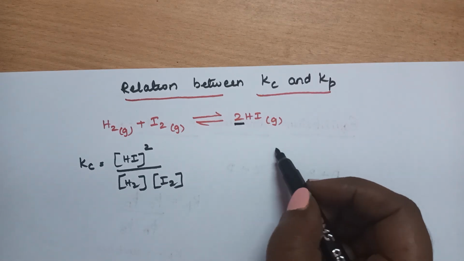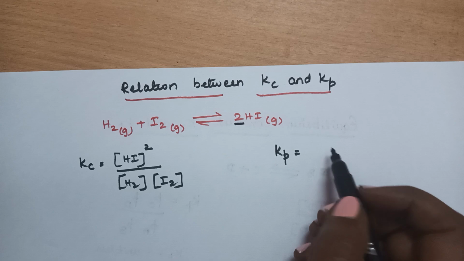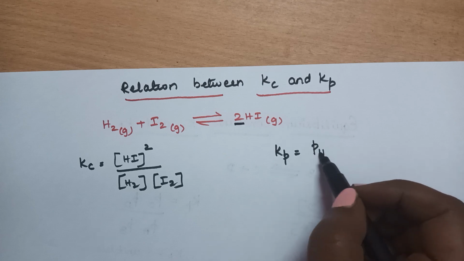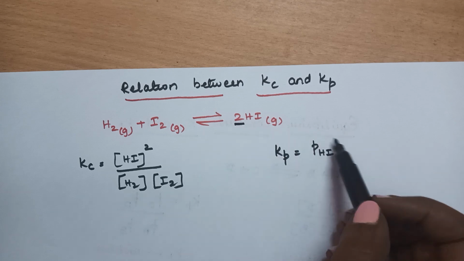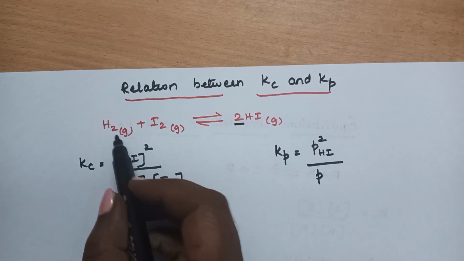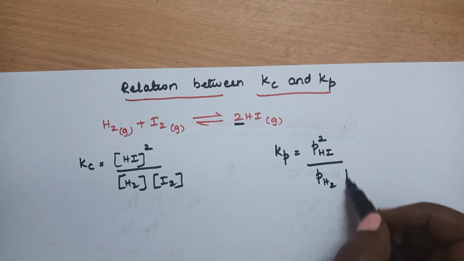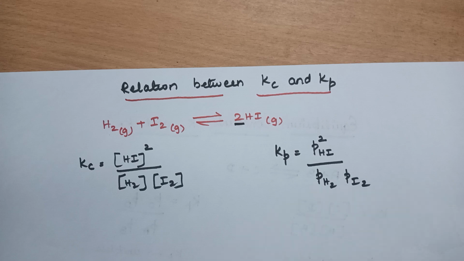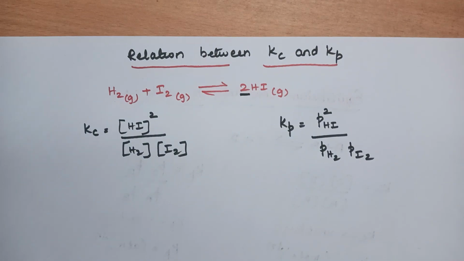In the same way write for Kp. Kp is equal to the pressure of HI, which you should write as a square, divided by the pressure of the reactants H2 and then the pressure of I2. This is how we write the expression.